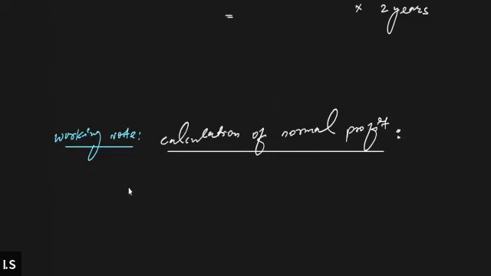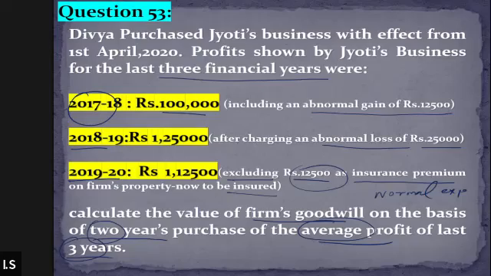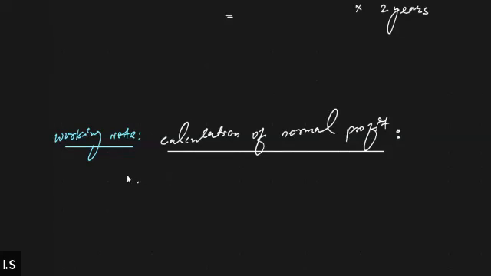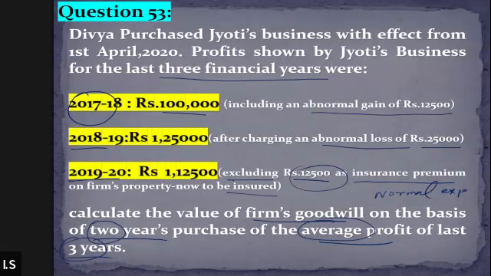So first of all, for the year 2017-18, the profit that is given in the question is 1 lakh. And since the question tells us that it includes abnormal gains of rupees 12,500, tell me, Saif, what should I do with this 12,500?